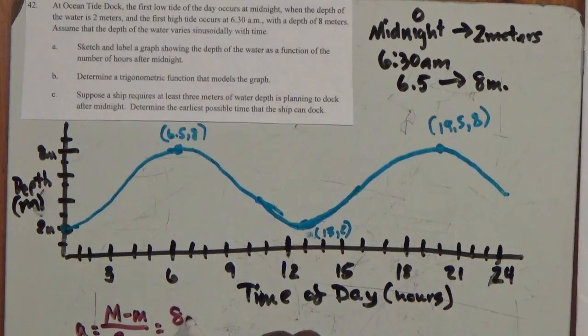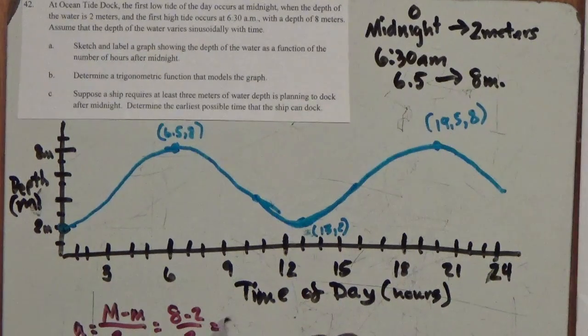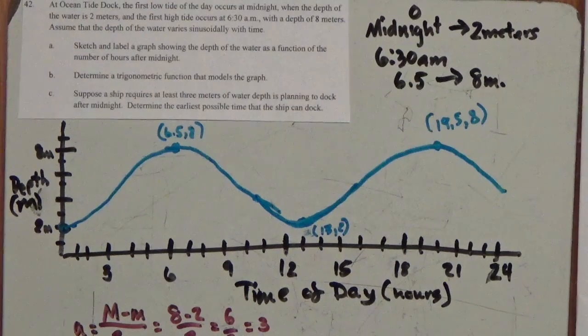So in this case it's 8 minus 2 over 2, which is 6 over 2, and that's equal to 3. While we're at it, let's do D. D, our vertical shift, is big M plus small m over 2. So that's 8 plus 2 over 2. That's 10 over 2, and that's 5.